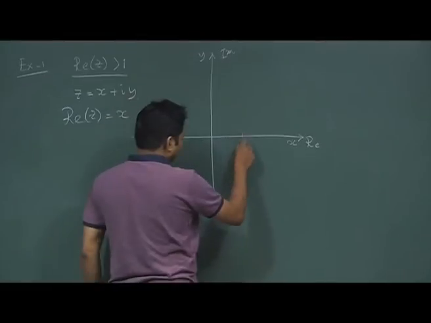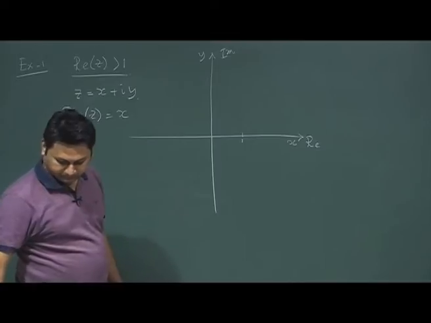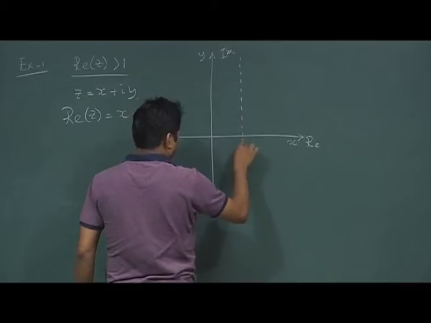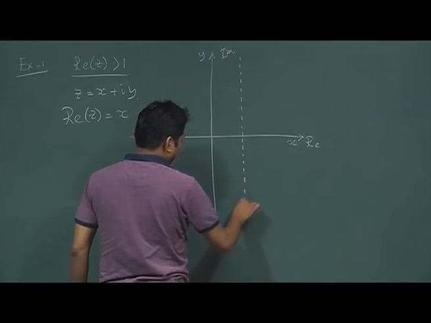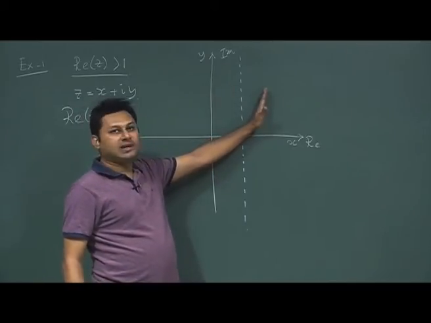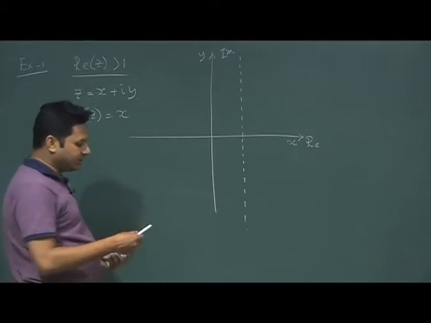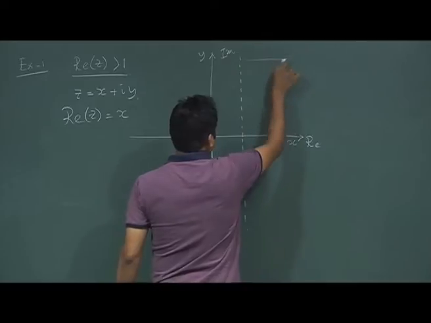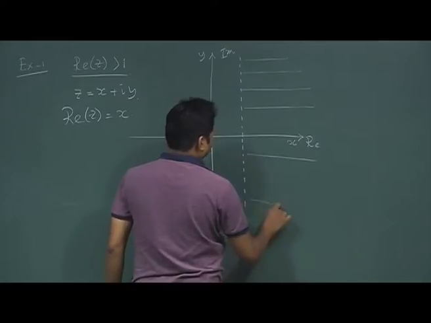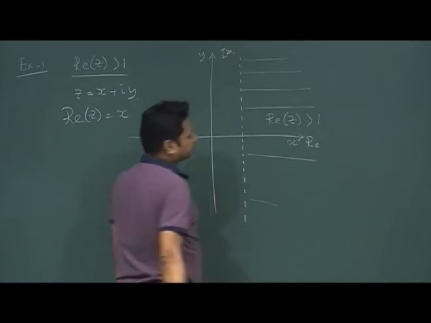So, x is greater than 1 means I have this point 1, and if I make a dotted line here, this dotted line suggests that this region is x less than 1 and this region is x greater than 1. So, I am talking about all the x here which is greater than 1. So, this will be my region, this will be the region real z is greater than 1.